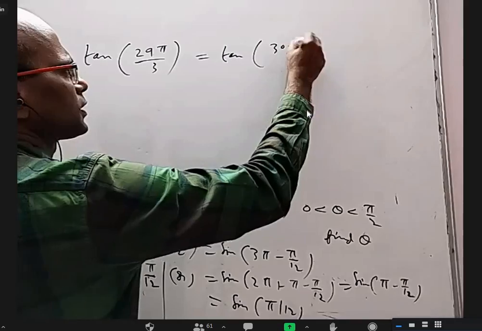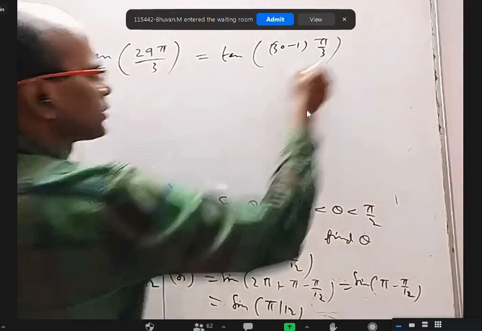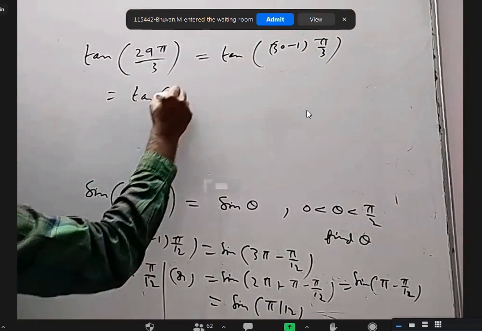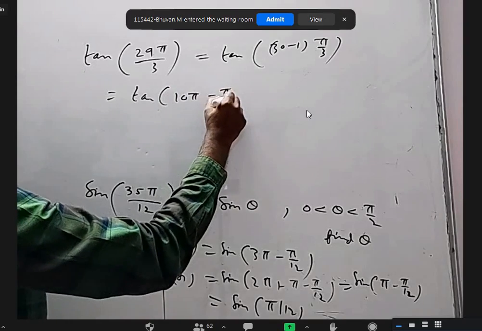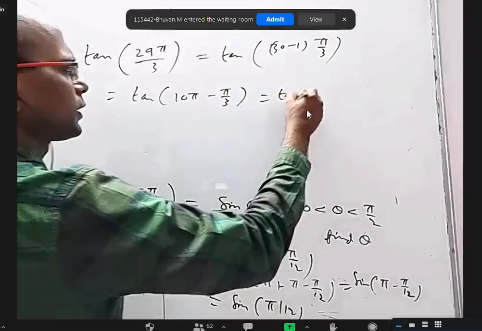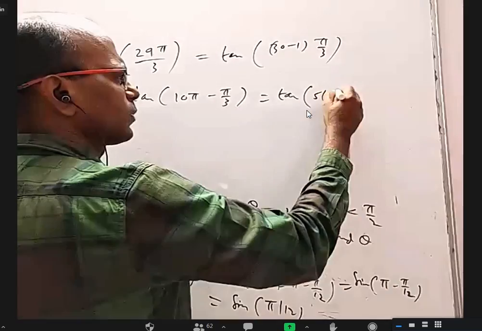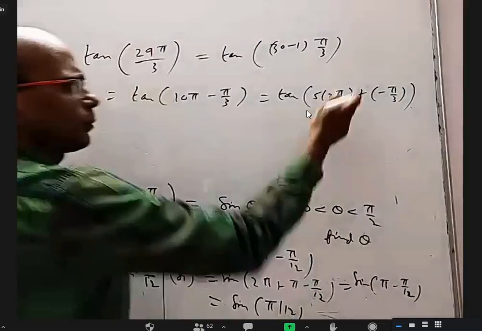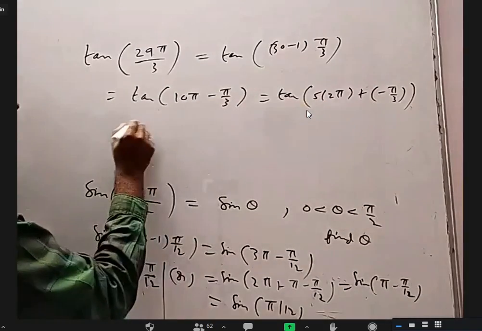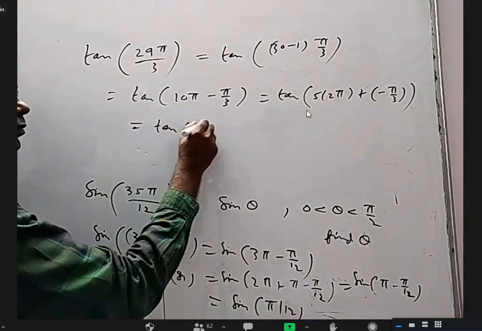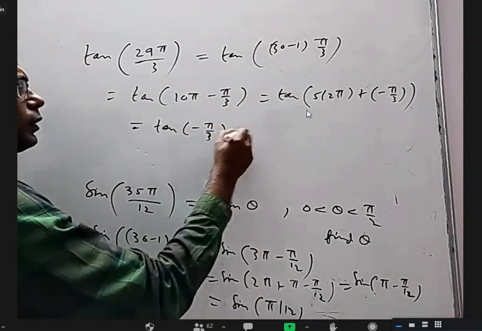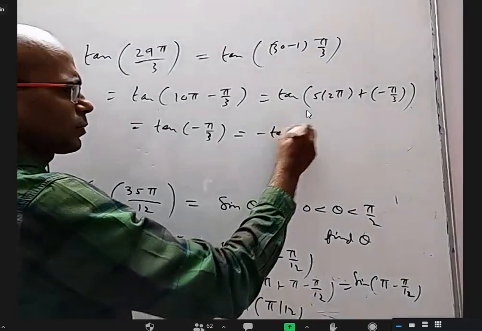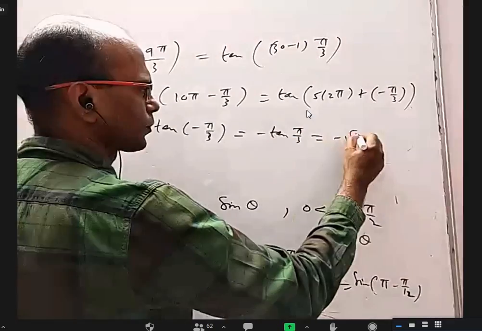If I write 30 minus 1 into 5 by 3, it will become tan of 10 pi minus 5 pi by 3. Tan 10 pi is 5 times 2 pi plus minus 5 pi by 3. A multiple of 2 pi can be neglected, so I will be left with tan of minus 5 pi by 3, and that is minus tan 5 pi by 3, which is minus root 3.